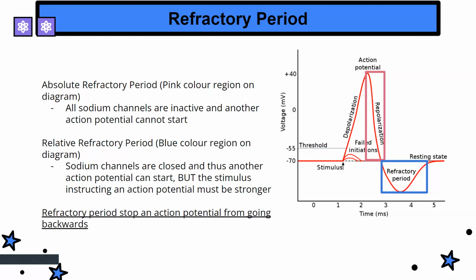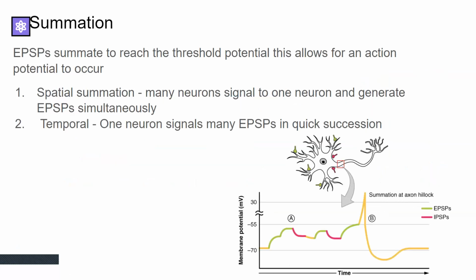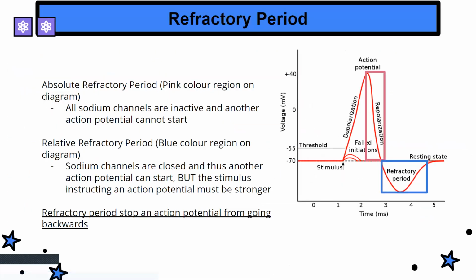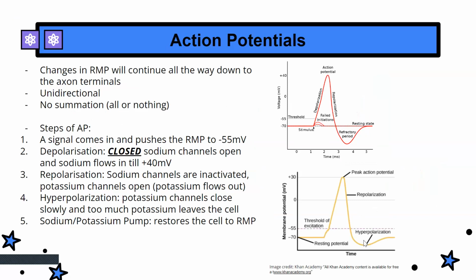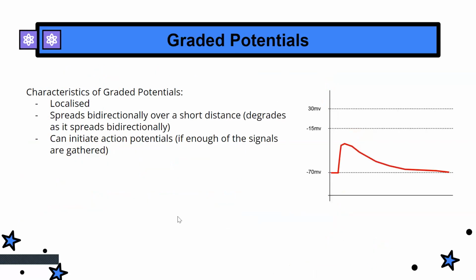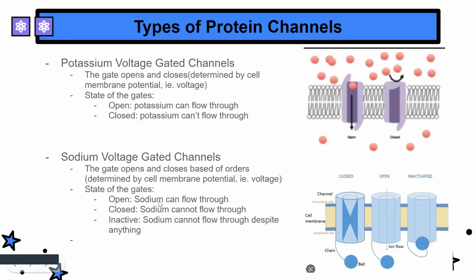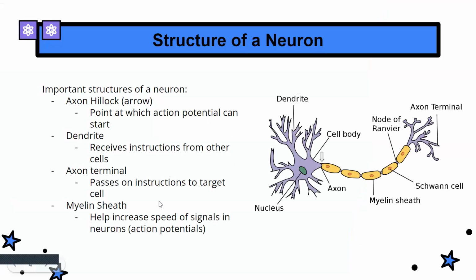And that stops the action potential from going backwards. If you imagine a neuron, let's go back to this diagram over here.